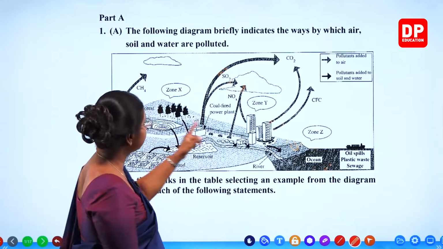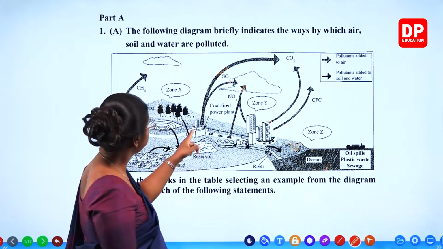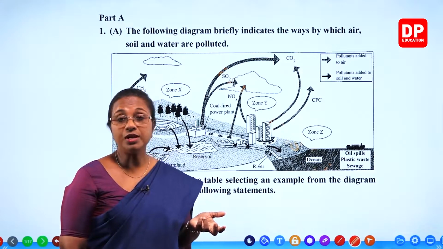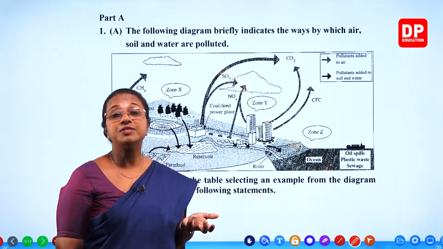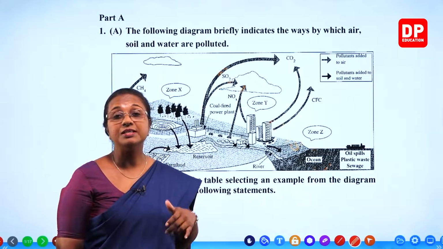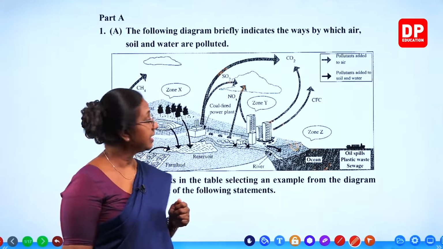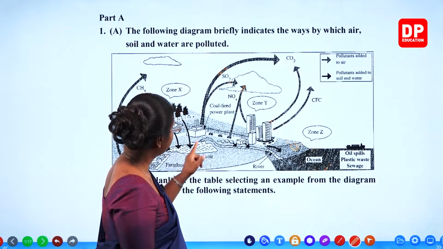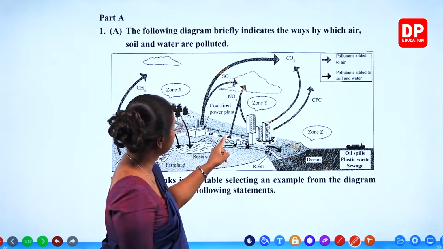You can see the sizes of arrows are also different. Then there is SO2. In coal there is a certain amount of sulfur. So that also burns and is released as SO2, sulfur dioxide. Then you can see the vehicles shown here.